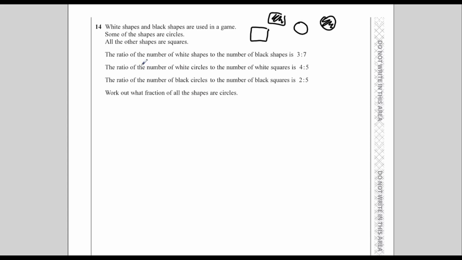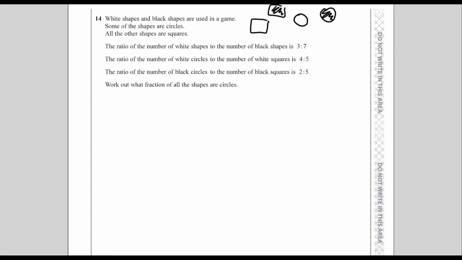The ratio of the number of white shapes to the number of black shapes is 3 to 7. The ratio of the number of white circles to the number of white squares is 4 to 5. The ratio of the number of black circles to black squares is 2 to 5. Work out the fraction of all shapes that are circles.